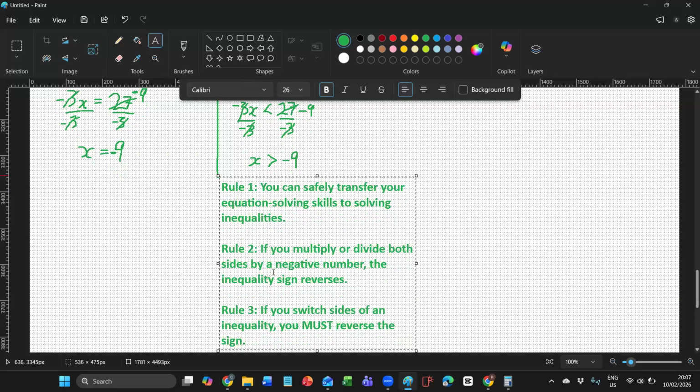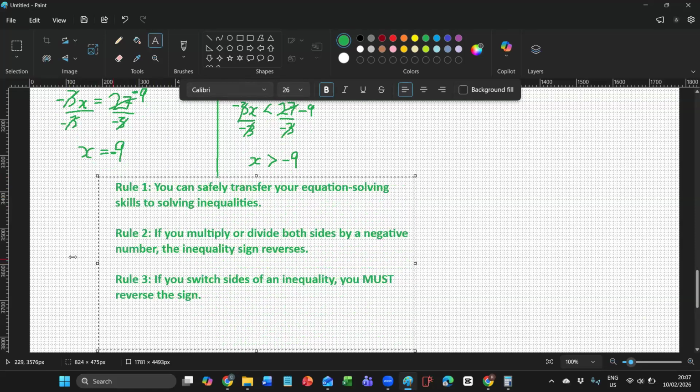Okay, so let's see that in action. Maybe I should stretch this thing like this.